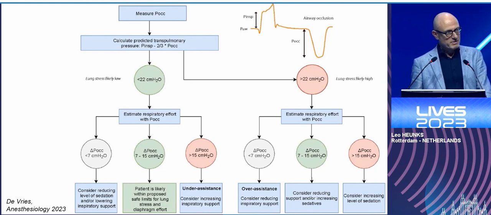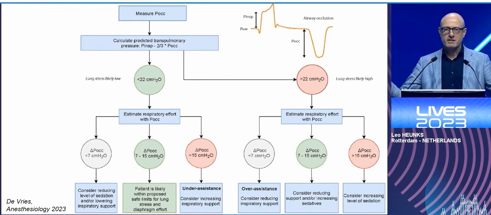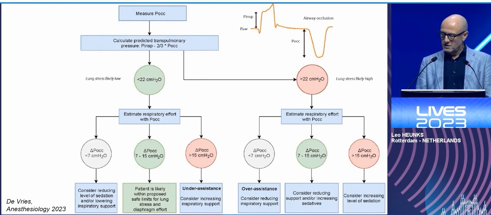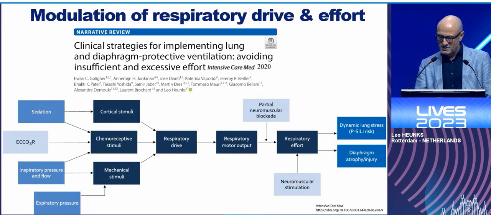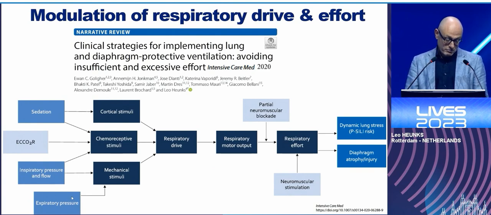This is simple. It does work in the trial, but it requires, of course, clinical validation. But it's something you can start out with if you want to do lung and diaphragm protective ventilation in an assisted mode. Given the time, I'm going to skip this, but it's very important.